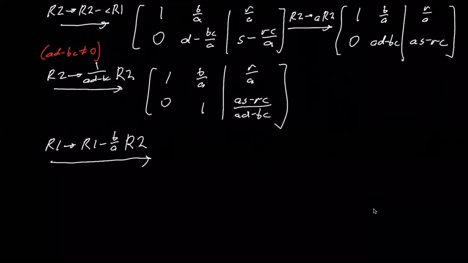That'll clear that out and make that a 0. If you do that, it gets kind of ugly, and I don't want to do all the algebra for you. It's just some algebra, a little bit unpleasant, but if you do it, you get the following.